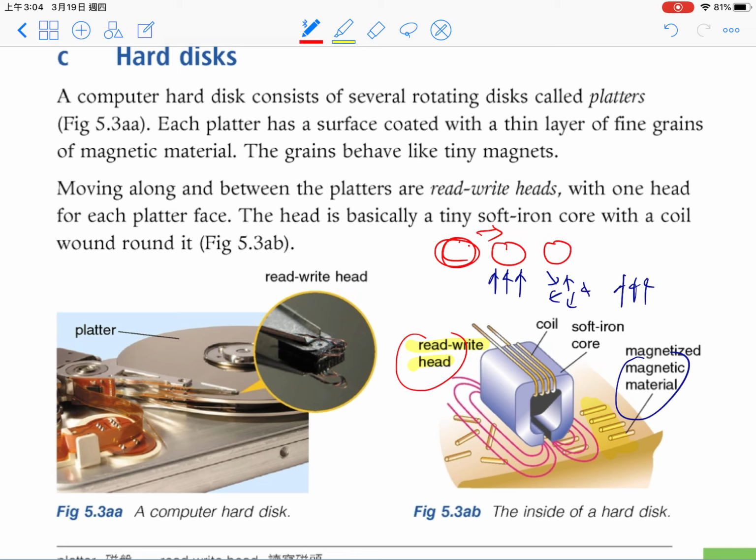Another part also has induced EMF, and another part also has induced EMF, because there is a high B field here, low B field, and B field here. So we can read the message 101010 from the hard disk.